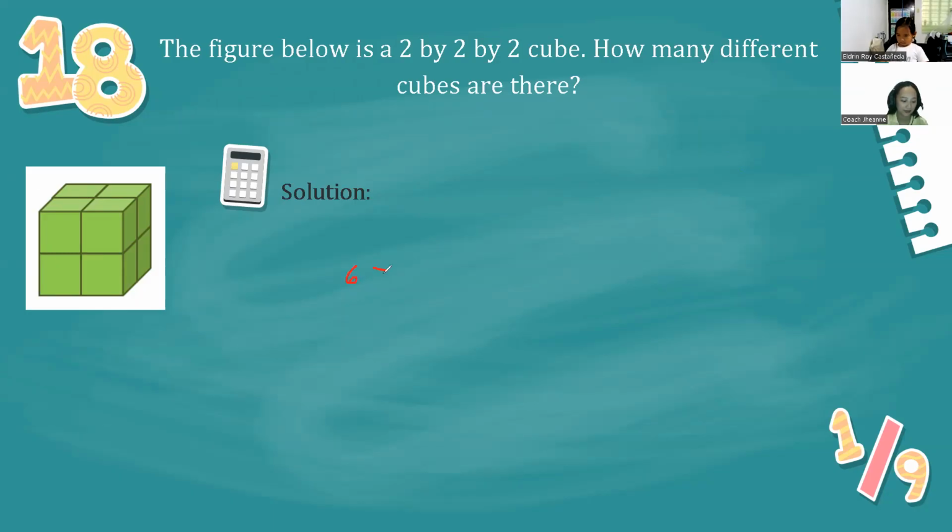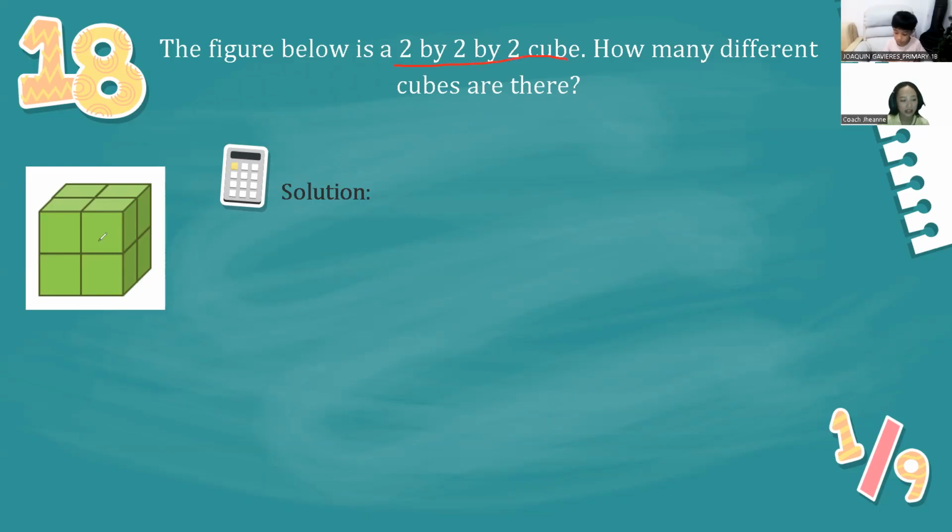In this figure, it is said that it is a 2 by 2 cube.